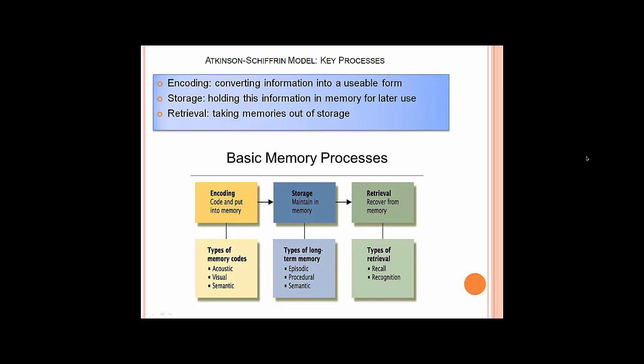And in fact, our memory, and we'll talk about this later, responds best to things that have meaning. We'll go into that later. So encoding, storage, and under storage we have different types of memory: episodic long-term memory, procedural long-term memory, and semantic long-term memory. Then retrieval, or in other words, recovering from that memory.